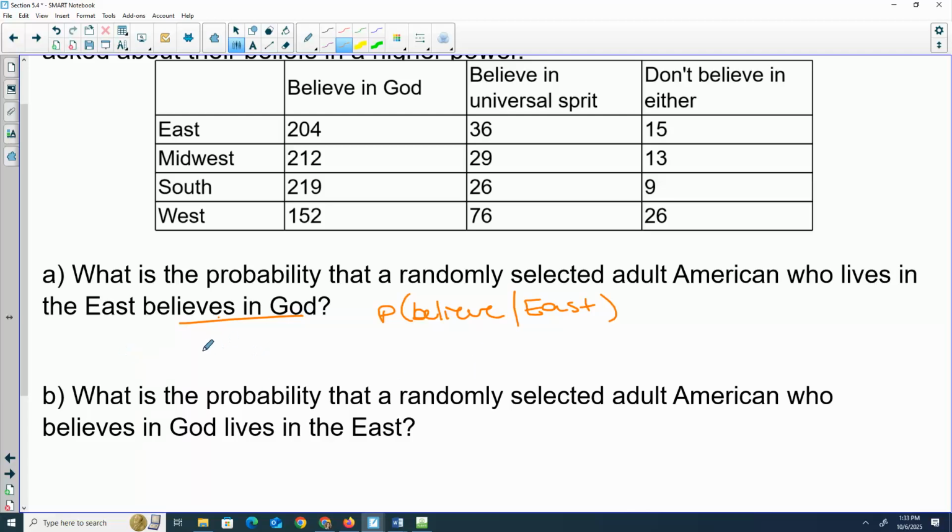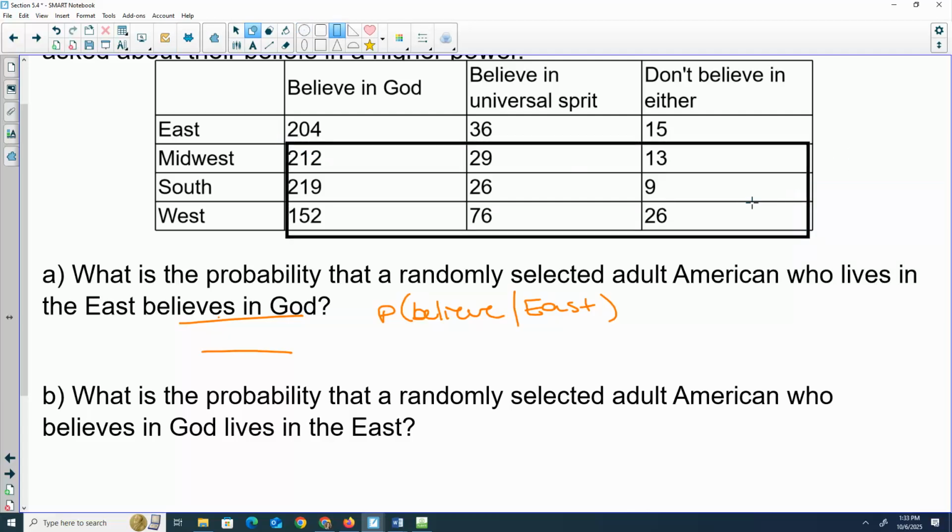So when I set this up, I already know this person is from the East. So that means I am not looking at the entire table. Okay? I can cover up all of these people. Those aren't who I want. All I care about are the people from the East.